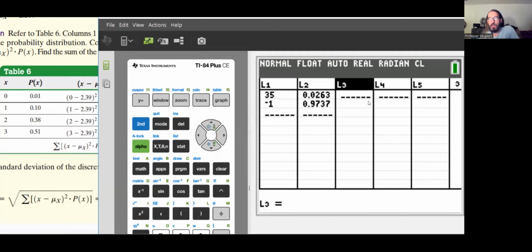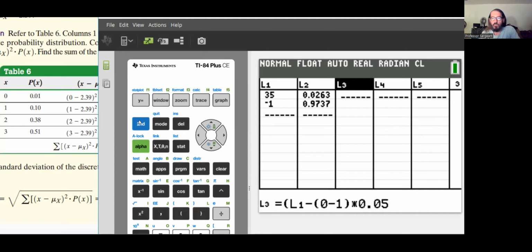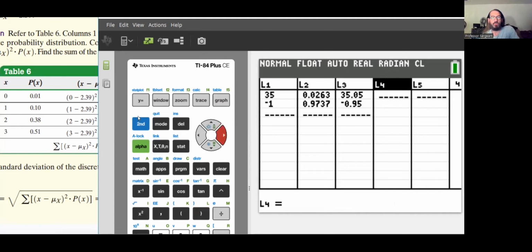So I went to the top of the column and pressed enter. Score in list 1 minus a negative 0.05. Again, I can't get to my negative. It's going to have the same effect as adding 0.05 positive.